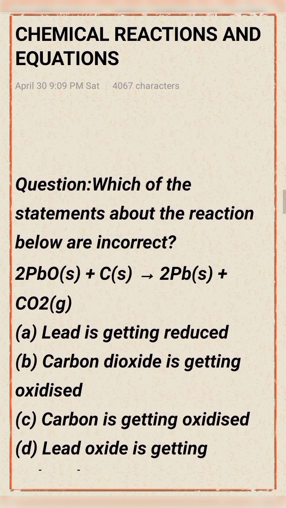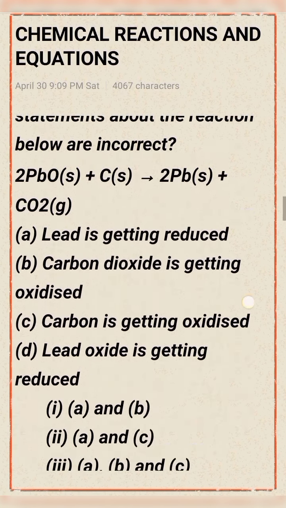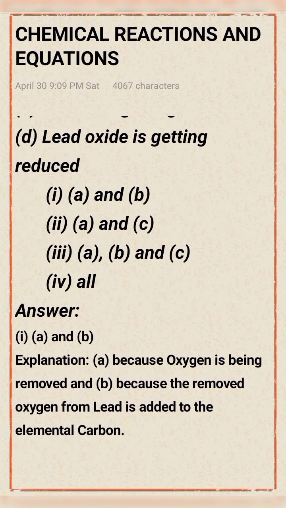That is PbO: oxygen is removed from the lead, that is lead is getting reduced. But next, B option, carbon dioxide is getting oxidized, that is carbon changes to carbon dioxide. Okay, because the oxygen is being removed, and because the removed oxygen from lead is added to the elemental carbon.